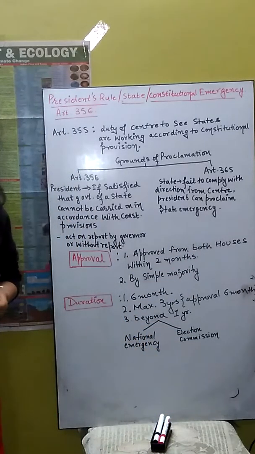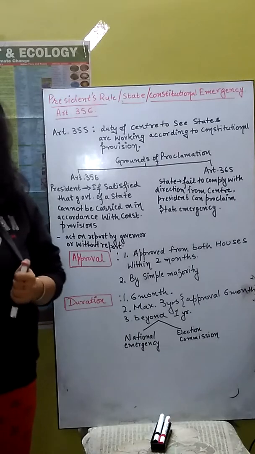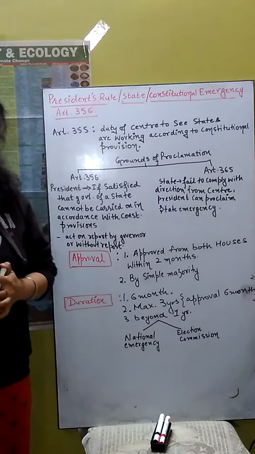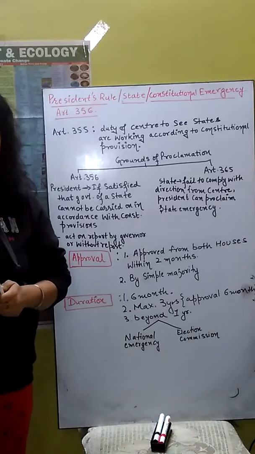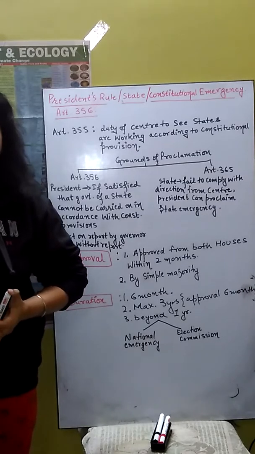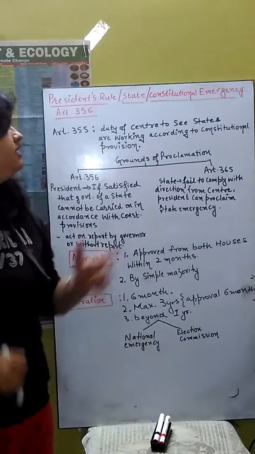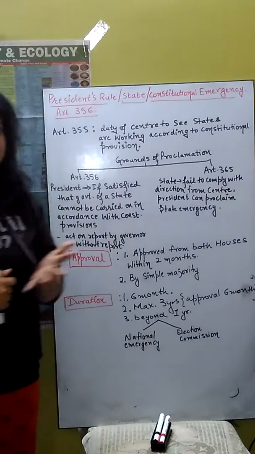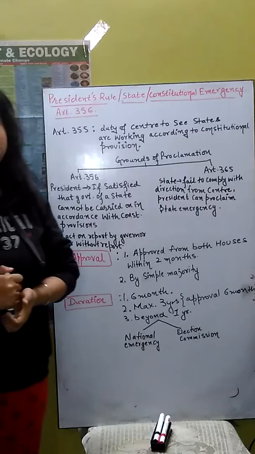Then the second question which comes in the examination: which of the following emergency is described under so and so article? So you should also know under which article President's rule comes. It comes under Article 356.